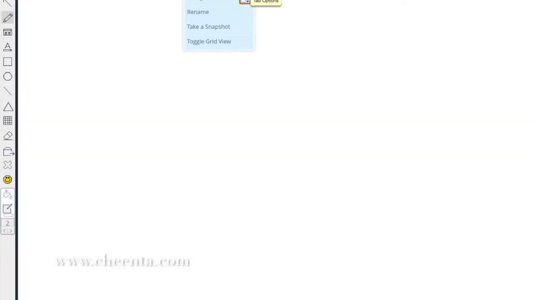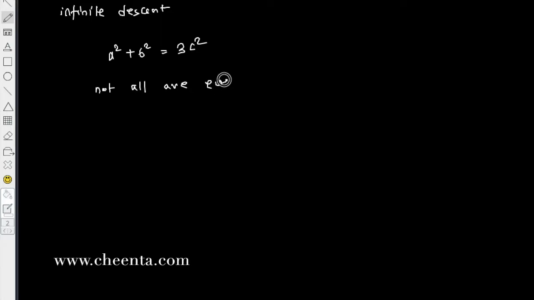So let's quickly put that argument in place. This is a form of infinite descent. So if a squared plus b squared equals 3c squared, if we want to find integer solutions of this particular equation, we can assume that not all are even. Why?